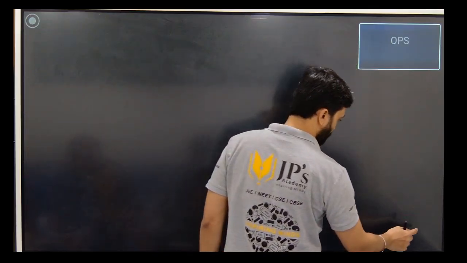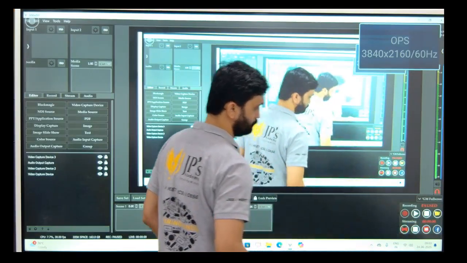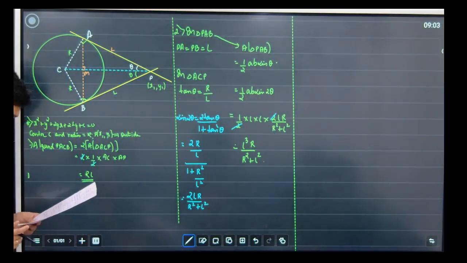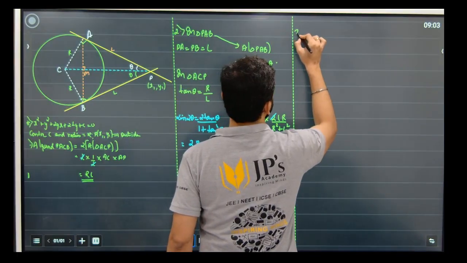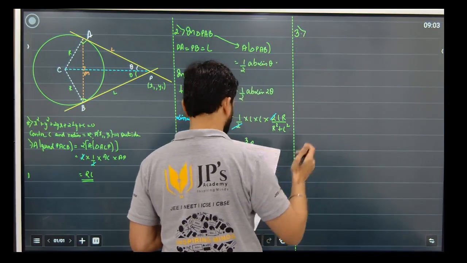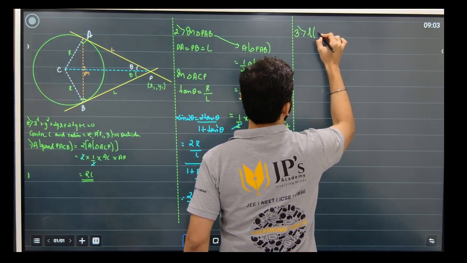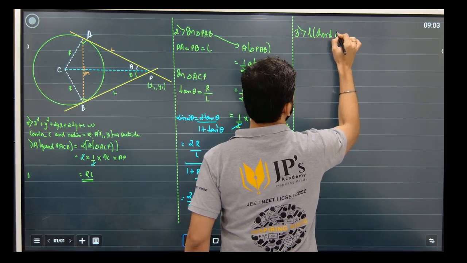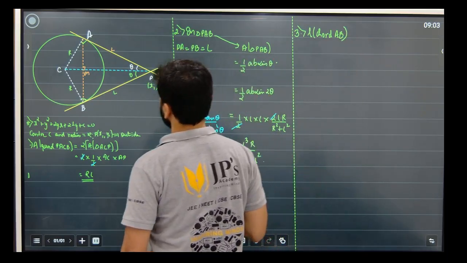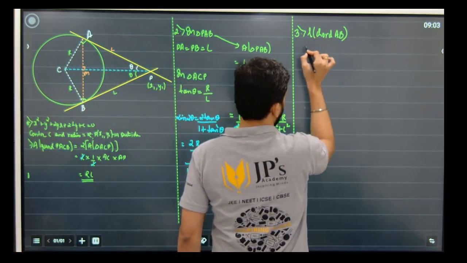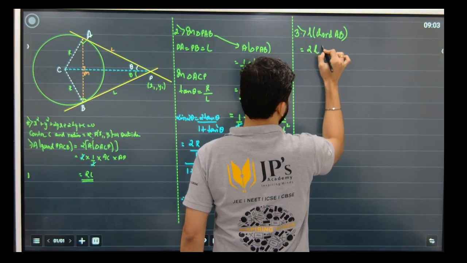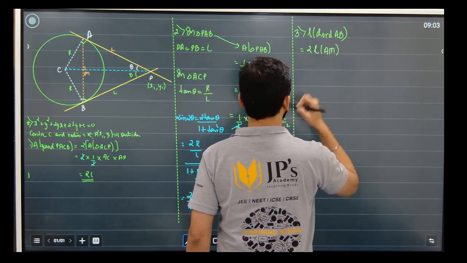Next, the length of chord AB. Now I know that it is nothing but twice the length AM. The length of chord AB is nothing but twice the length AM.